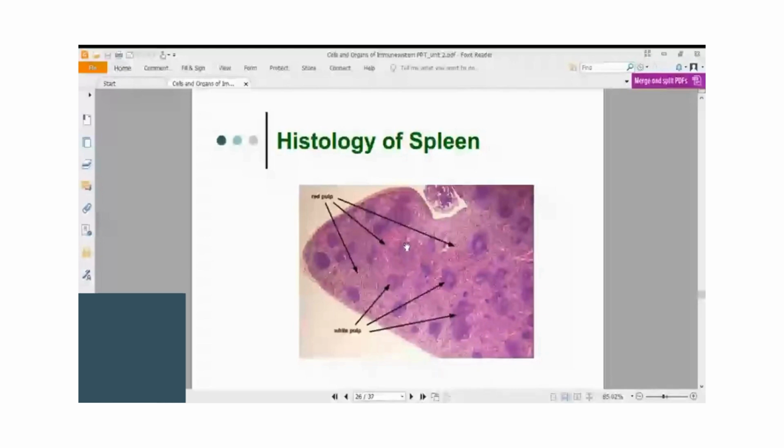parts of the body. Another important function of the spleen concerns those RBCs which finish their life cycle of 120 days. You know that RBCs have a lifespan of 120 days. If they finish their lifespan, those RBCs are going to be destroyed in the spleen.